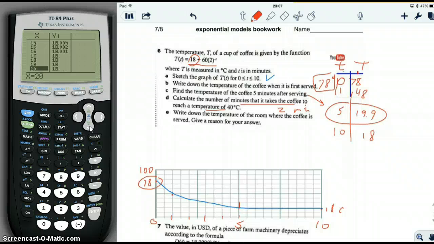Usually if you have a hot cup of coffee and you leave it in the room, after a while the coffee is going to be the same temperature as the air in the room if you leave it there long enough. So I would say that the temperature of the room is 18 Celsius, and the reason why is because the horizontal asymptote is 18 Celsius.